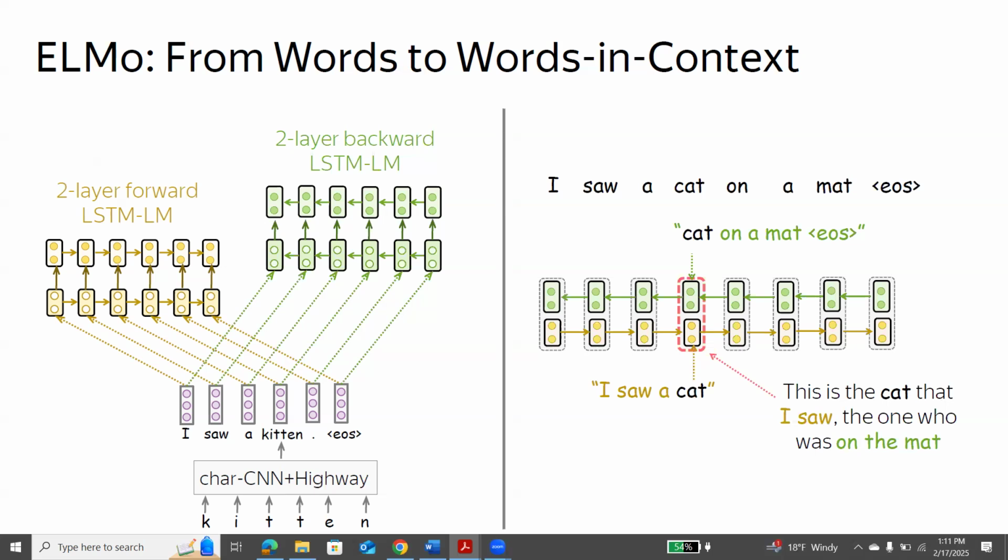So, in other words, this word cat will actually have information that it was on a mat.